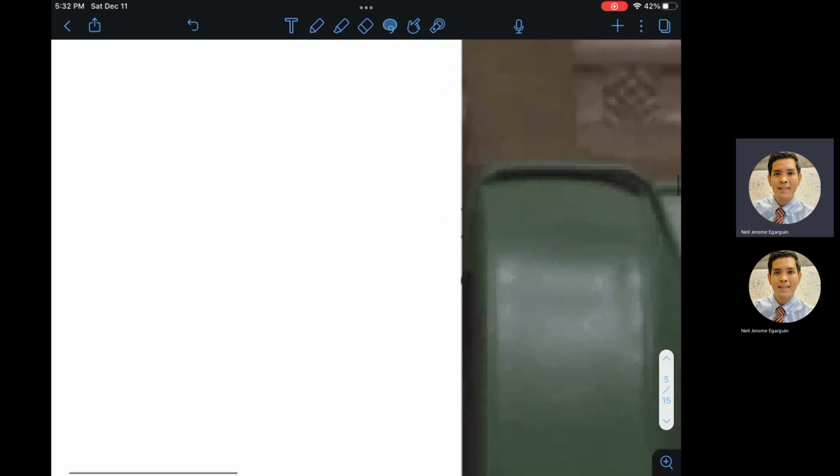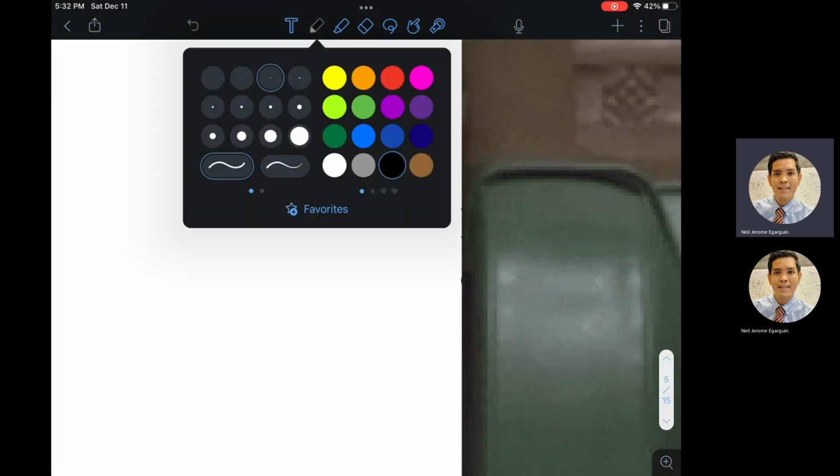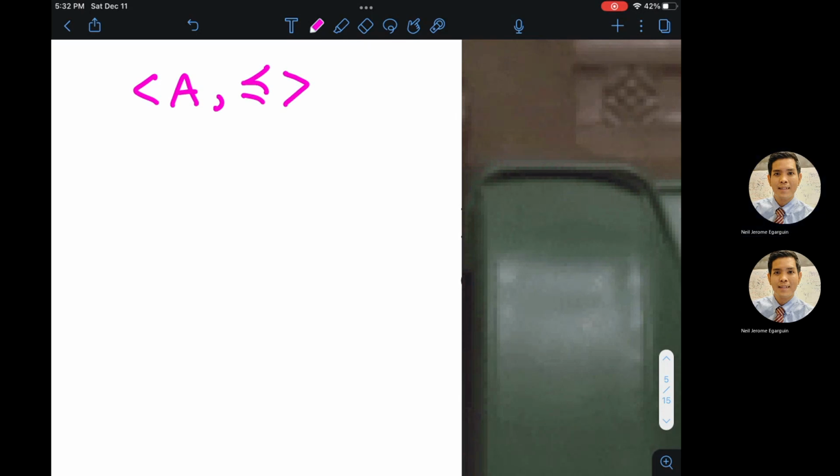When we write a poset, we usually write it in this way. So we have the set A, and then the specific relation that we want to consider, right? So pag nakakita kayo ng gantong notation, ibig sabihin si set A, together with the relation precedes, is a partial order. So tinatawag natin tong poset.